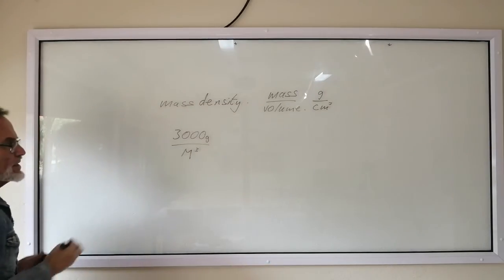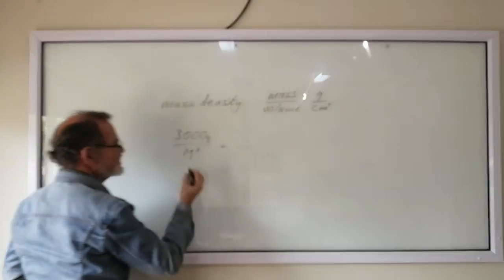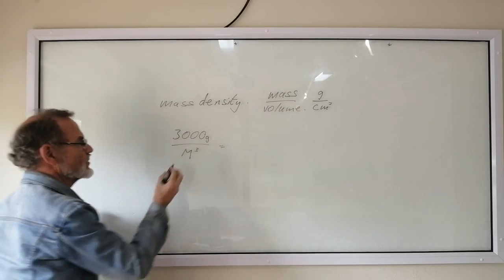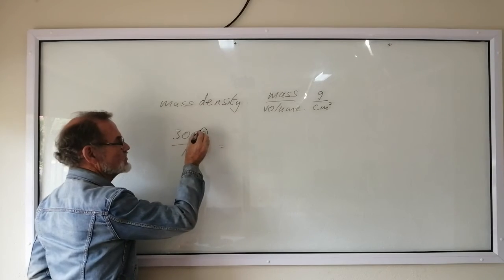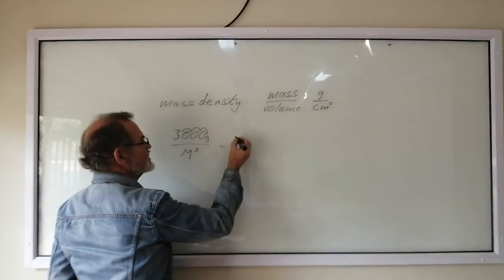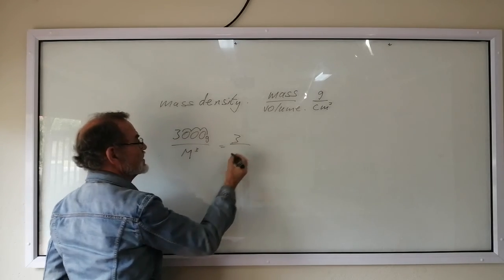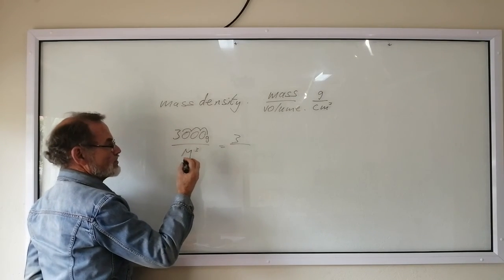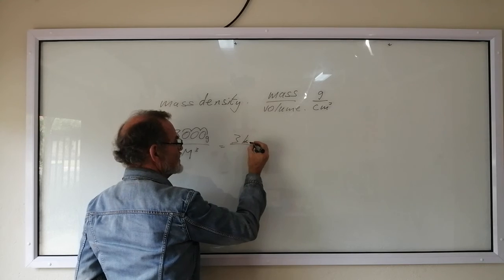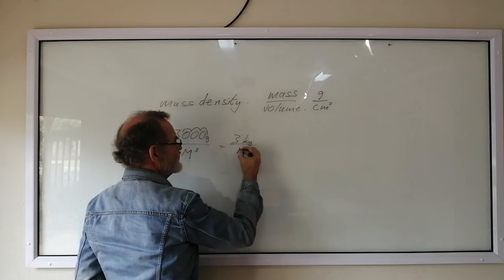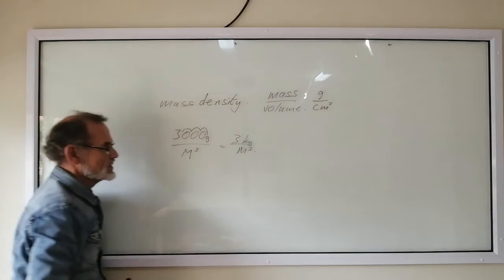Now it's going to be easier to convert this to kilograms. How do we convert 3,000 grams to kilograms? We divide by 1,000. 1, 2, 3. So this is then 3 kilograms per cubic meter.